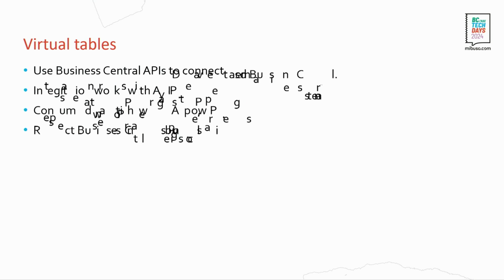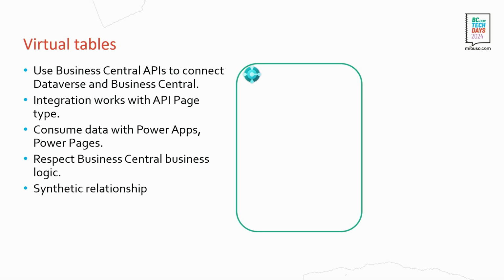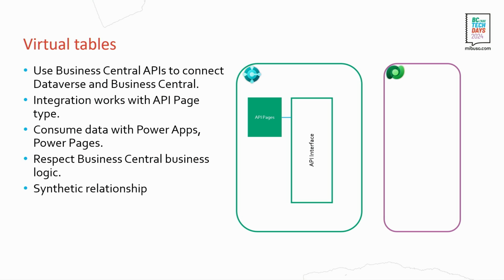And how this is integrated in one graph. So we have Business Central again on the one side, and we have API pages inside Business Central that can be custom ones or standard ones developed by Microsoft. Then we have integration or APIs, and on the right side we have Dataverse.